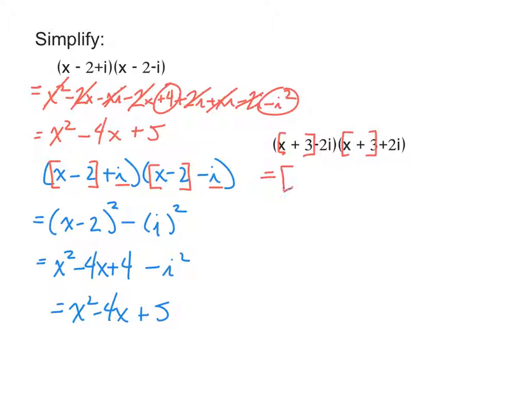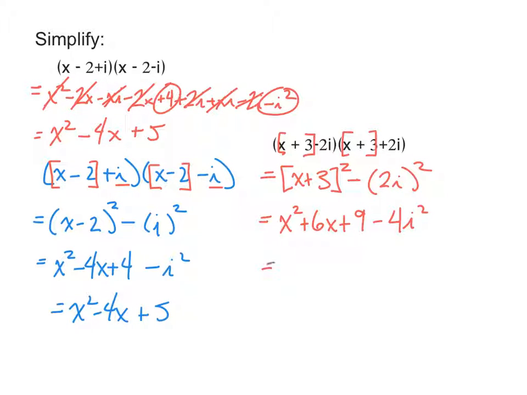That'll give me x plus 3 squared minus 2i squared, the difference of 2 squares. x plus 3 squared is x squared plus 6x plus 9, minus 4i squared, which of course is the same thing as plus 4. So x squared plus 6x plus 9 plus 4 being 13.